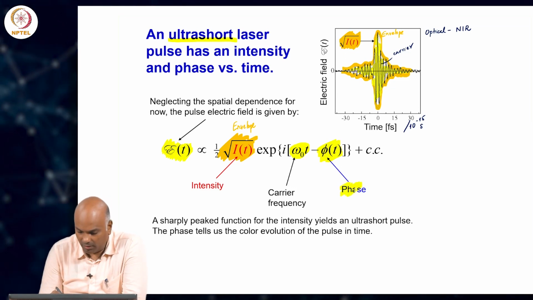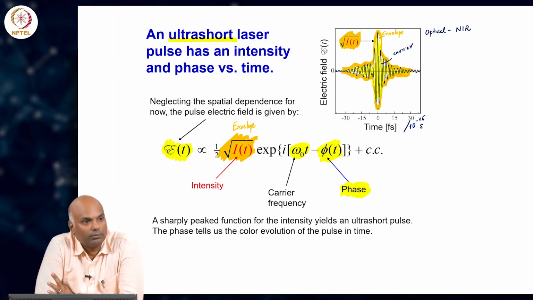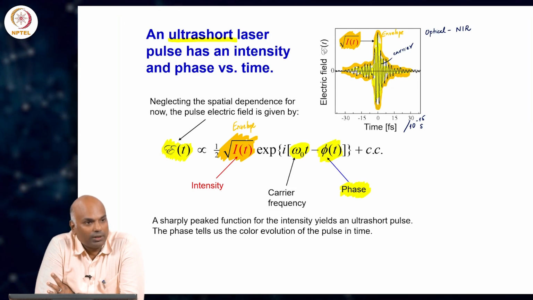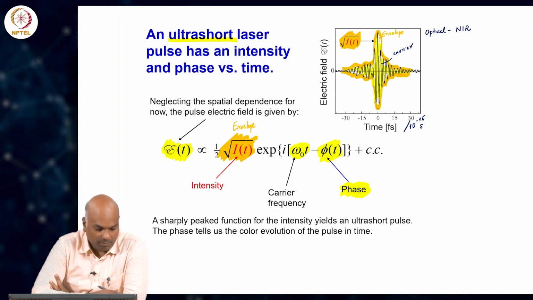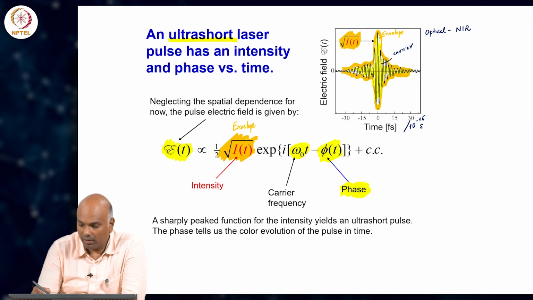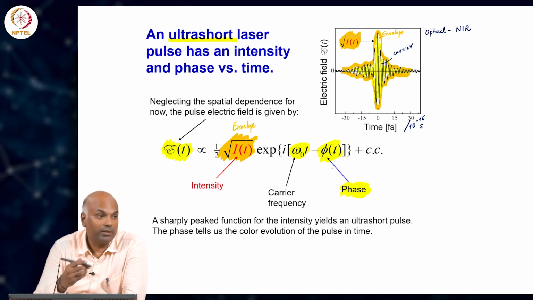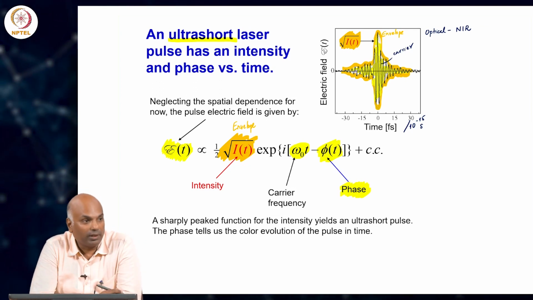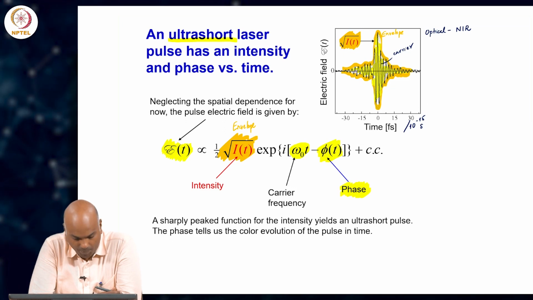This is an additional phase function in addition to the omega naught t term. All right. This is something we must pay careful attention to. Maybe we did not foresee this guy coming in. It has a physical significance which we are going to explore in this and the next lectures coming through. Okay.